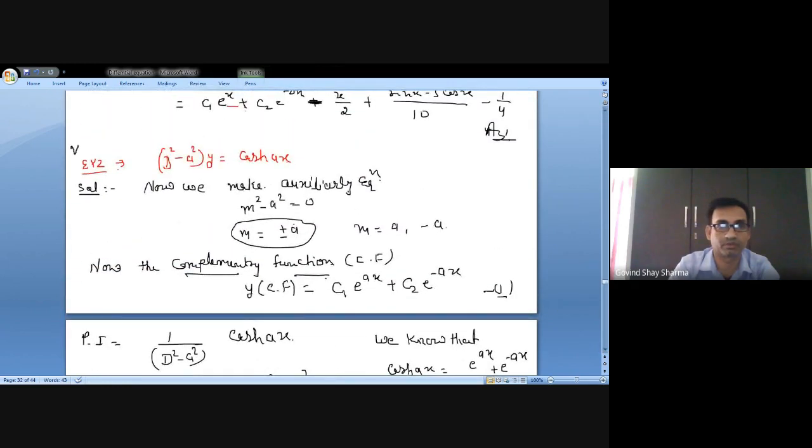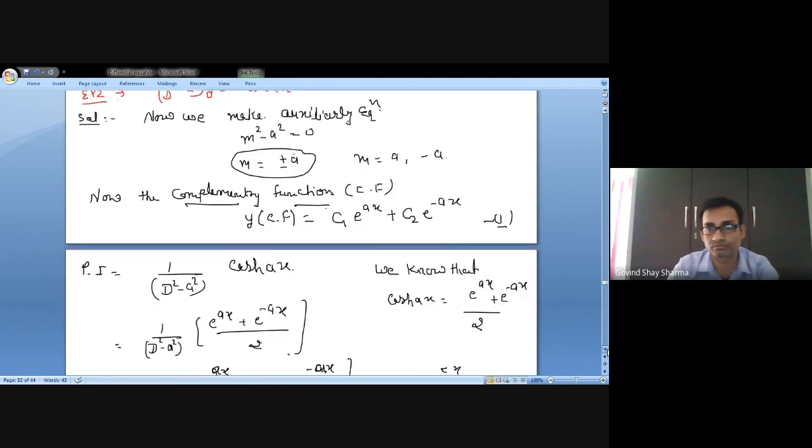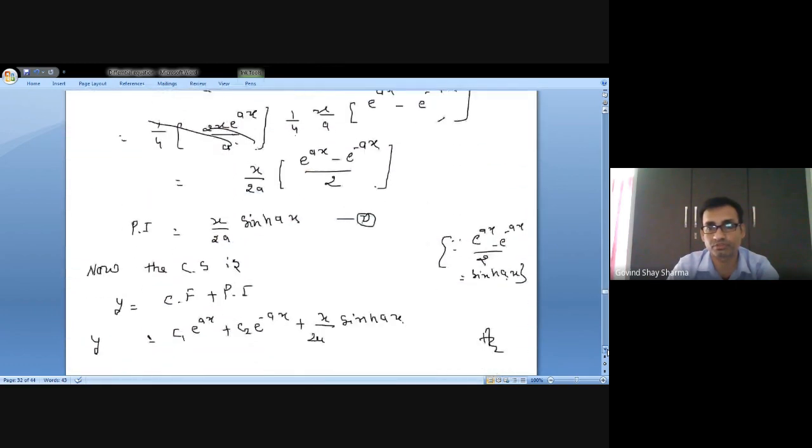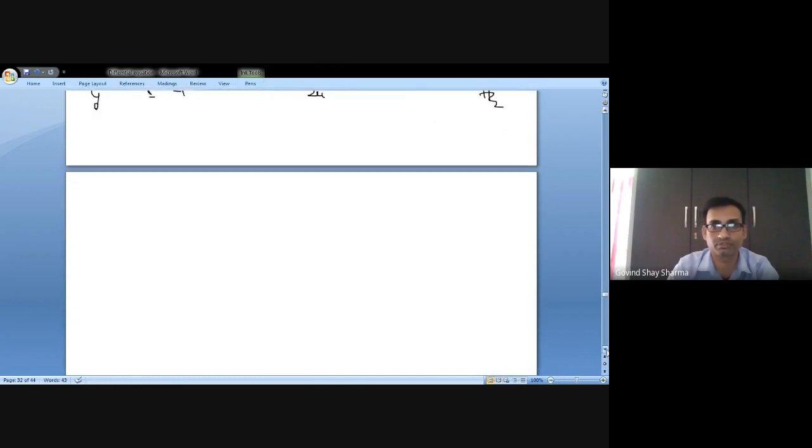This is very important in the series of higher order differential equations. We will discuss some important questions in this series. First, (D square plus a square) y is equal to tan ax or sec ax. This is a very important question.